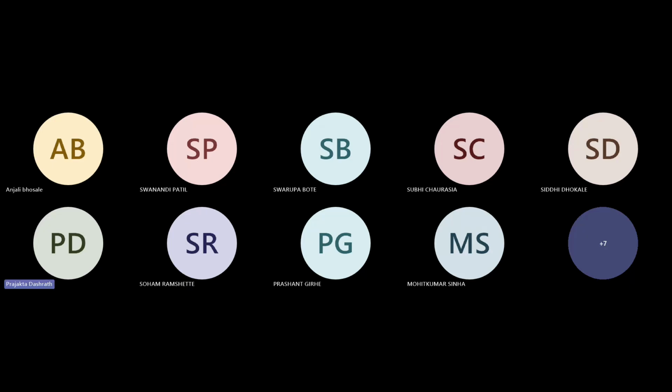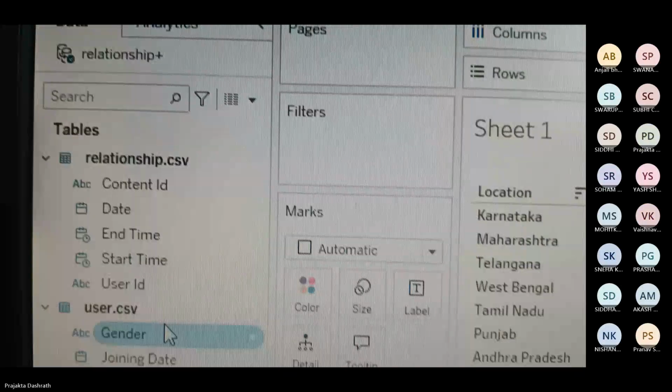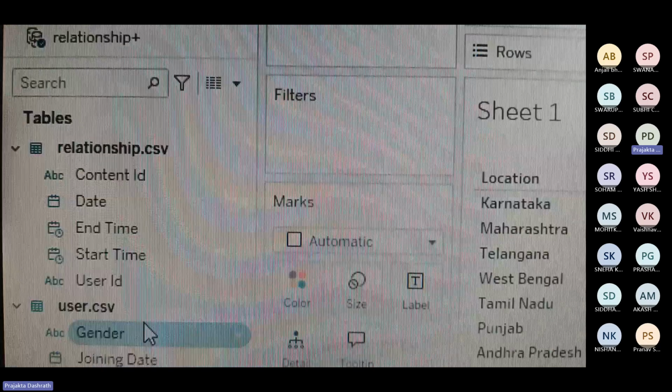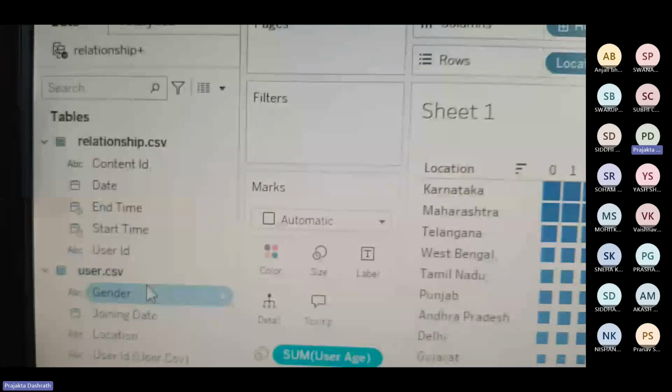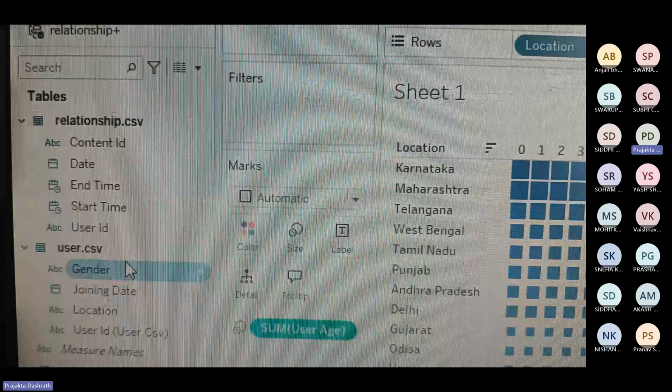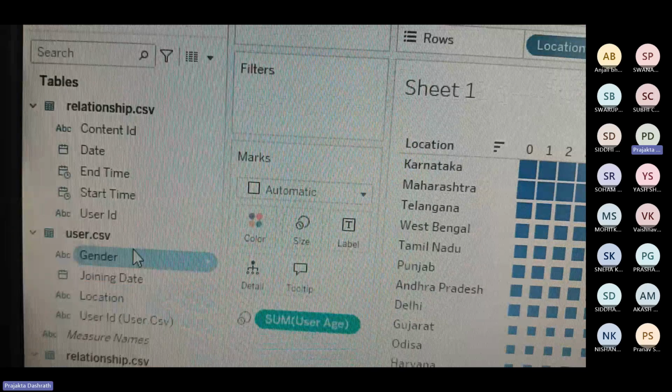Just wait for a while. I'm starting it once again. Relationship is one table and the user CSV is another table. In both the tables, user ID is common. I hope the table contents are clearly visible.